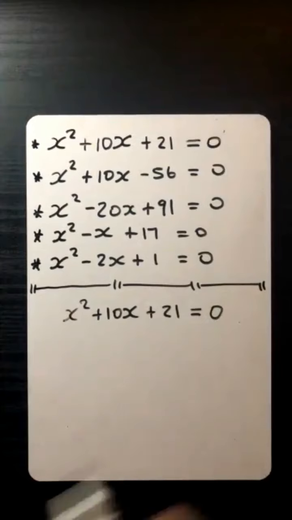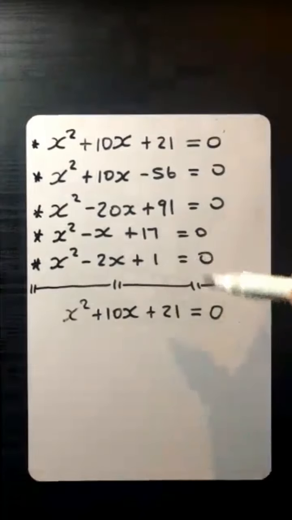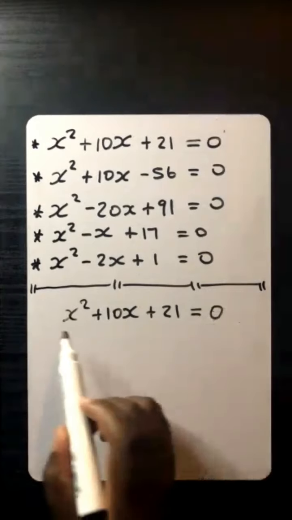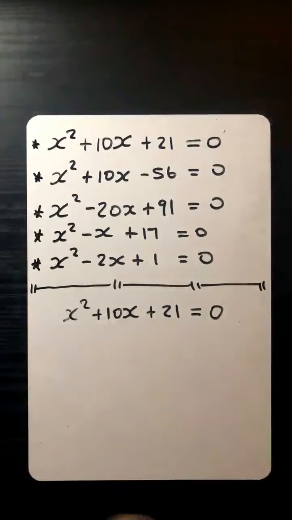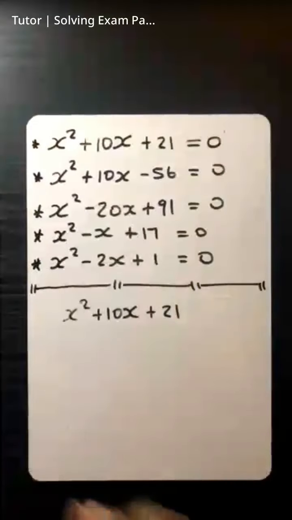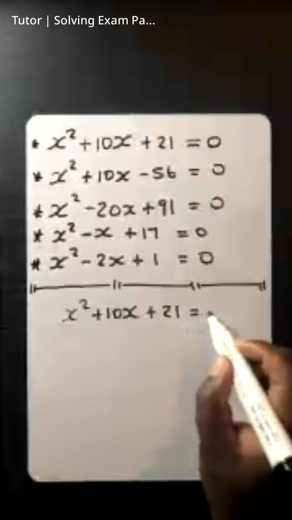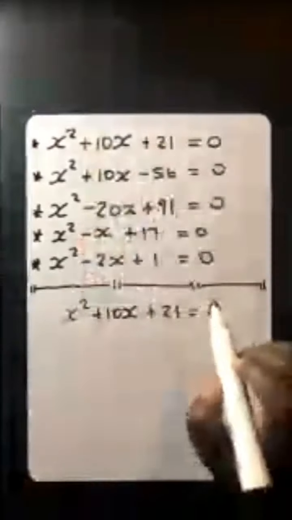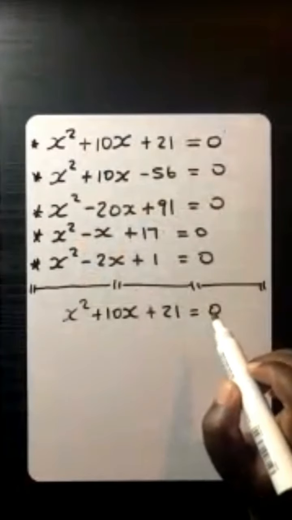It's very, very important that you equate it to 0. Do you know the reason why it has to be equated to 0? It's because if you don't equate it to 0, it's more like an expression, whereas it was given as an equation. Does it make sense? 100%. So now, let's start.